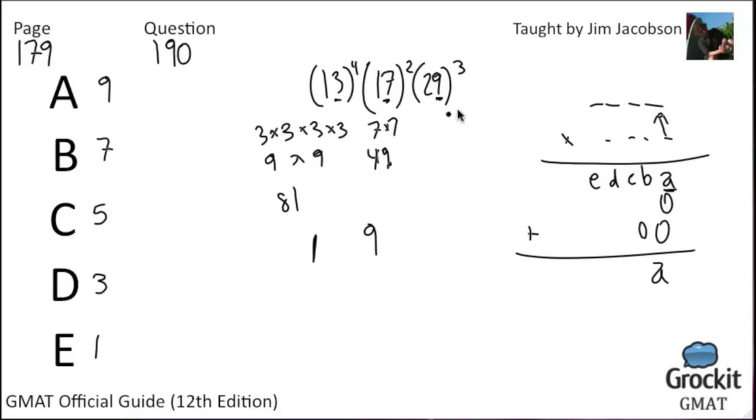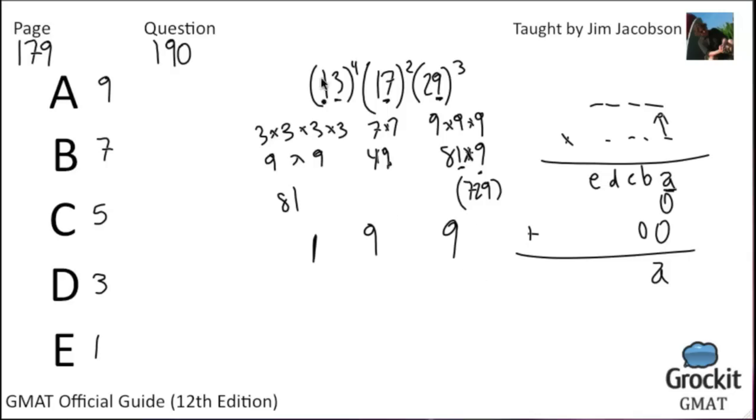And then 29 cubed, 9 times 9 times 9, 81 times 9. We really only have to worry about the units digit again. So this one is also going to be 9, times, not plus. The units digit is going to be 9 again. And actually it's 9 times 1 plus 9 times 80, so it equals 729, in case you were wondering what that is.